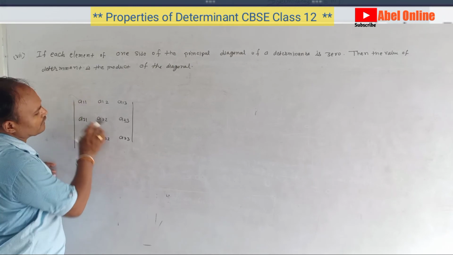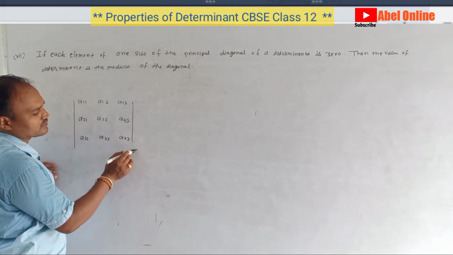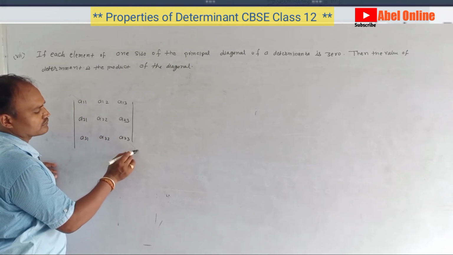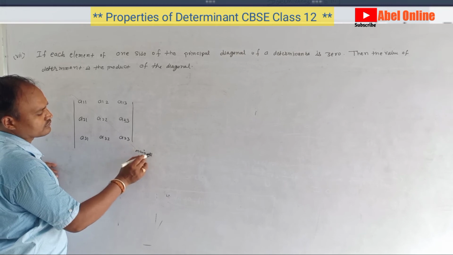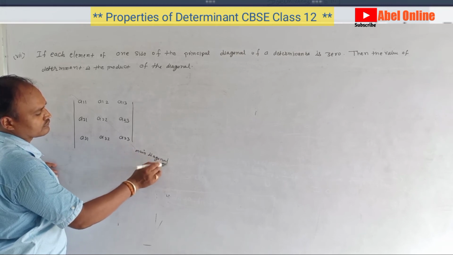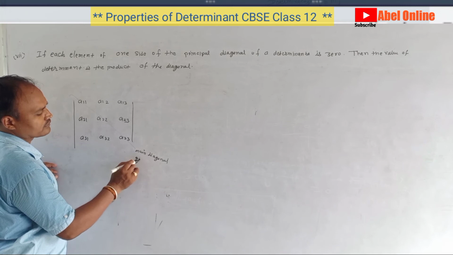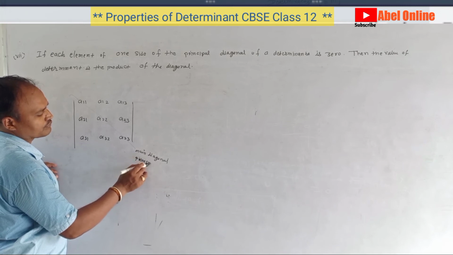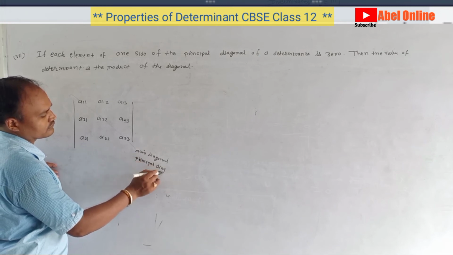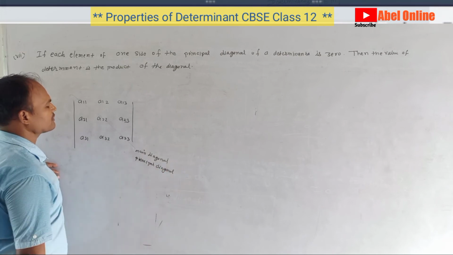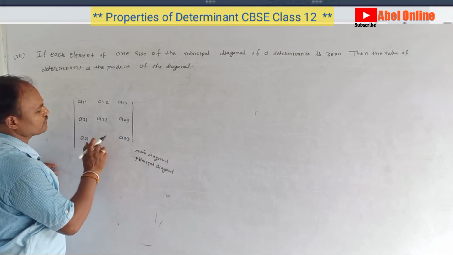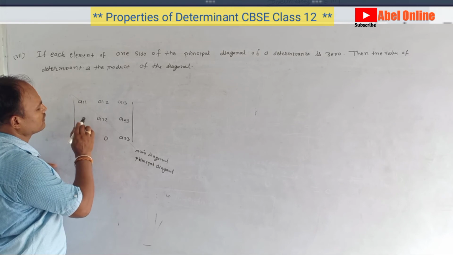And this is the main diagonal, also called the principal diagonal, and the elements below it are 0.